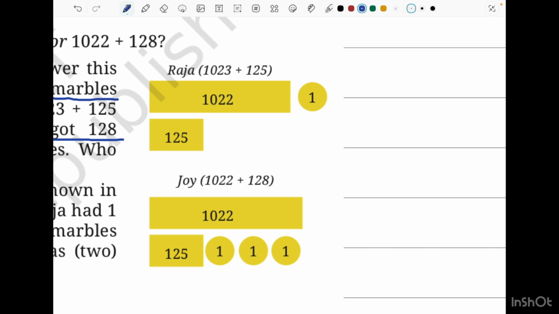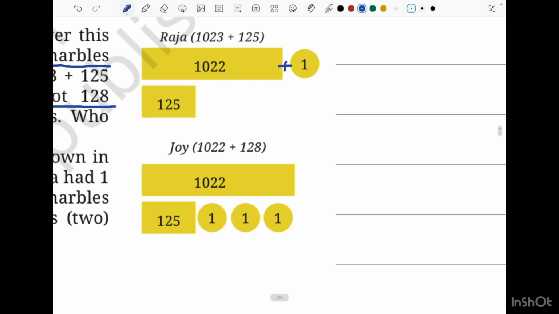So we can express it like Raja had 1023 plus 125. Here Joy had 1022, so we can write 1023 as the sum of 1022 plus 1. So we write 1022 plus 1 and plus 125.